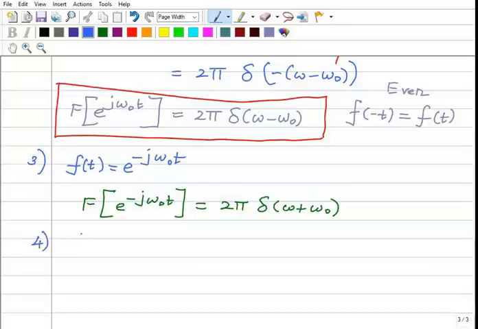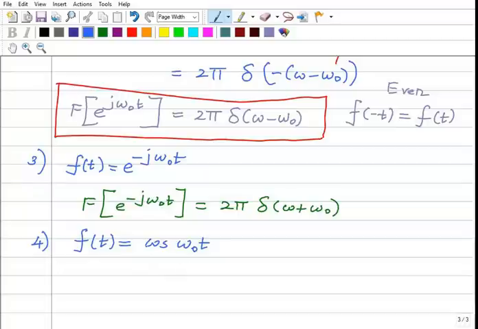Next one, f of t is cosine omega naught t. Say I don't want to substitute this cosine omega naught t in the forward Fourier transform equation. Instead, I am using the earlier results. Okay.